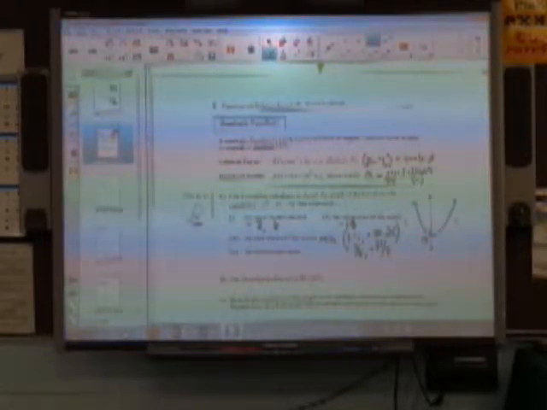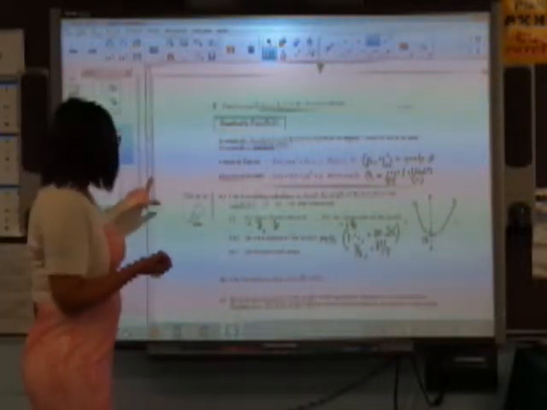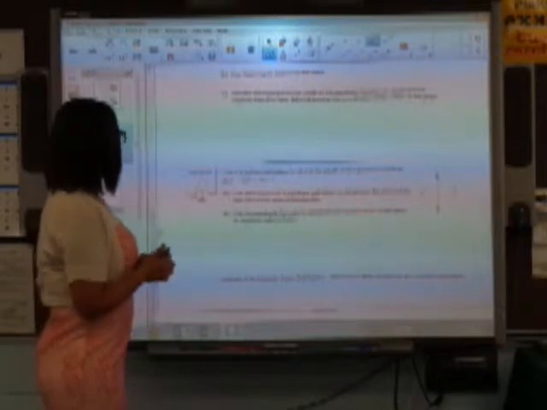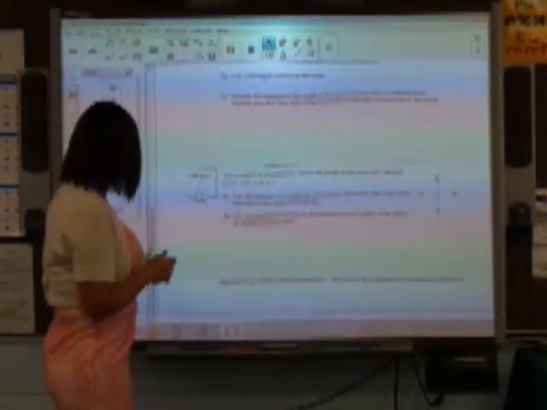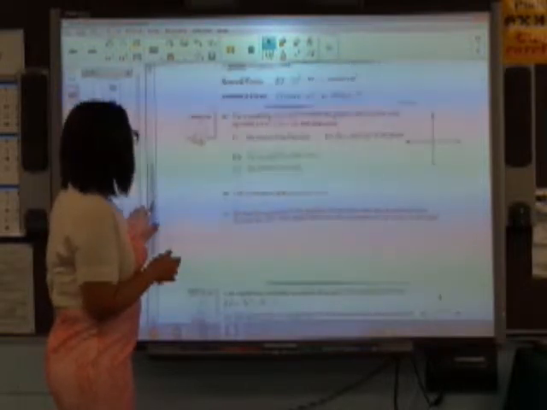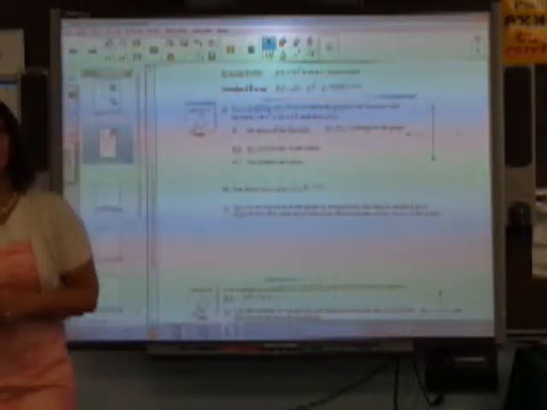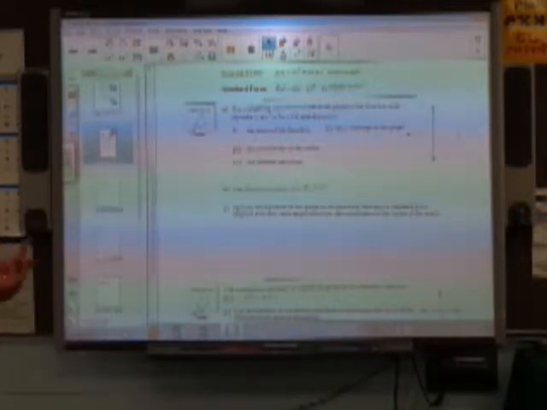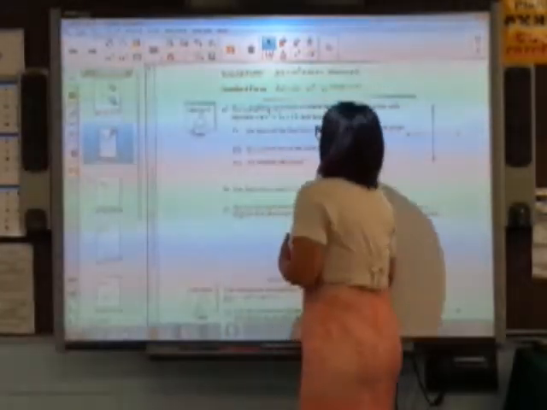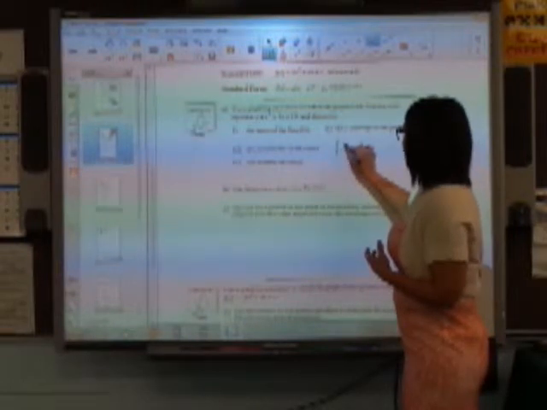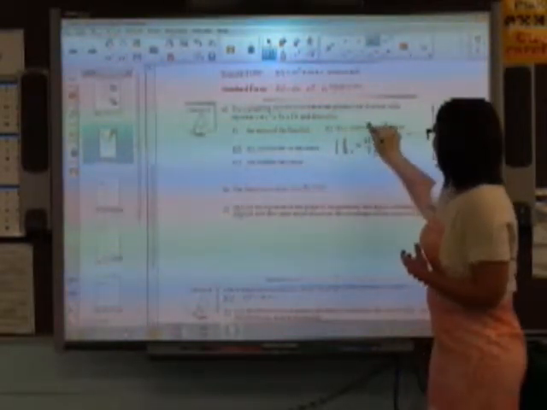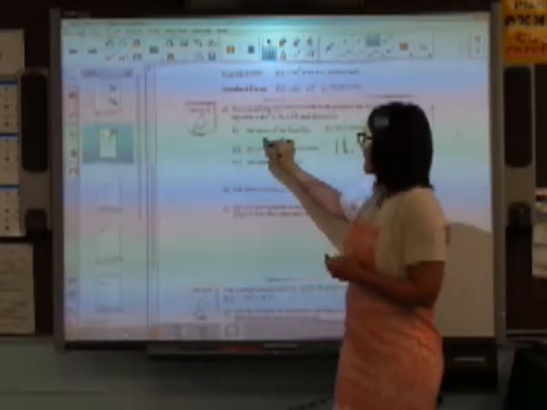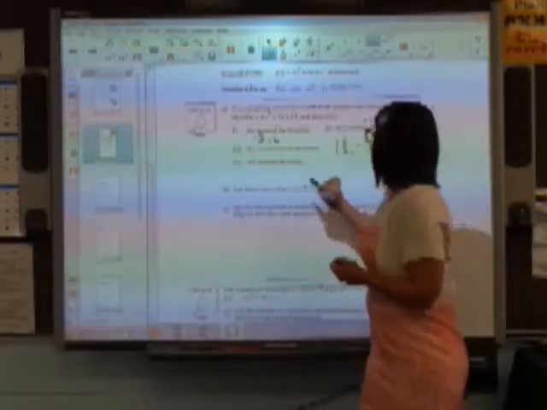Okay? So now that I know the vertex and my y-intercept and all of those, I can use that to determine the domain and the range. So domain were my possible x values. I have this vertex that's at 3/2 and negative 81 quarters, this y-intercept of negative 18, zeros at negative 3 and 6.